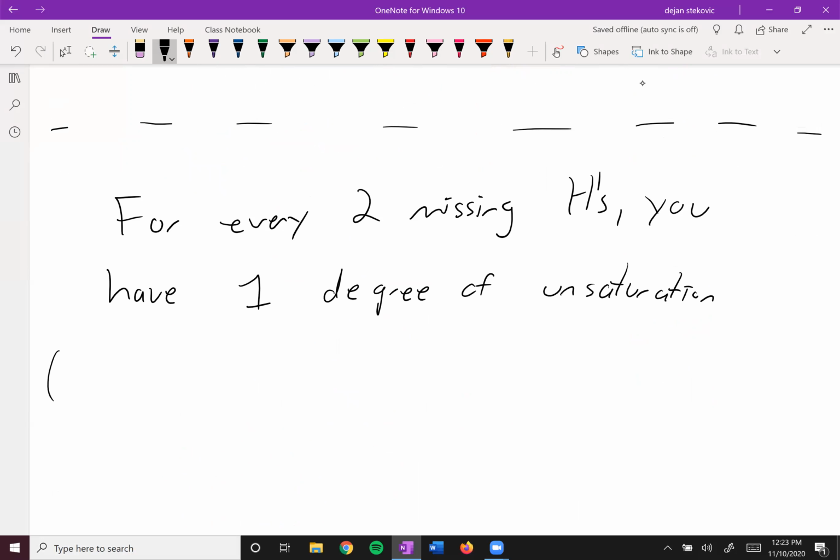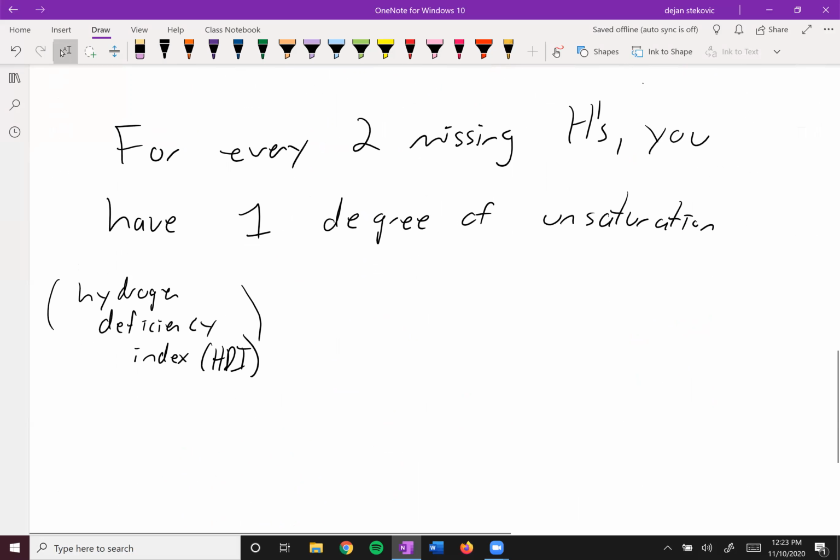This is also sometimes called the hydrogen deficiency index, which gets abbreviated HDI. I like degrees of unsaturation. That's always the way I've been taught about it. But if you want to use HDI, that's totally fine too.